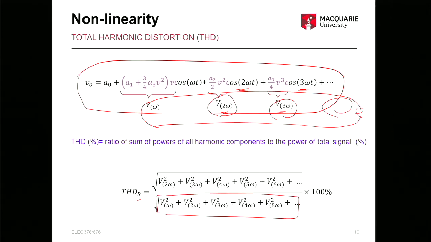The worst case is you don't have the fundamental frequency part, so the numerator and denominator become equal, and that becomes 100% distortion, total distortion. So these are two main terms that we use when we talk about nonlinearity and mixers and so on.